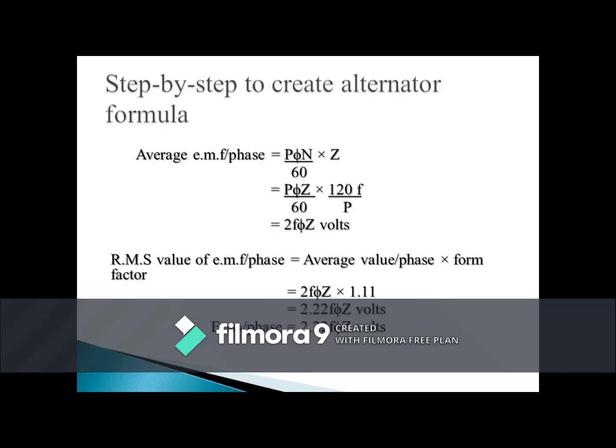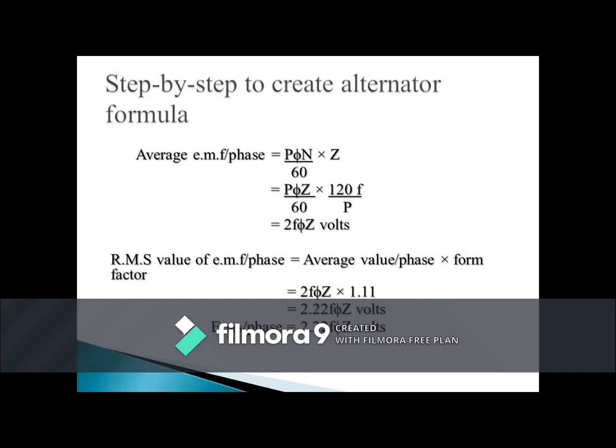Okay, this is the step by step derivation of the alternator formula. Average EMF per phase, from the slide before, is P flux N over 60 times Z. Okay, P flux Z per 60, and we substitute N equals 120 F per P, giving 2F flux Z volts.